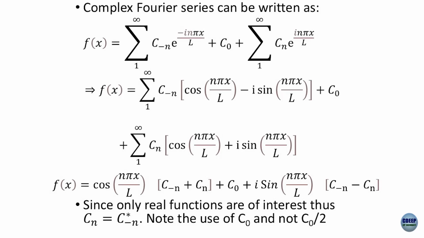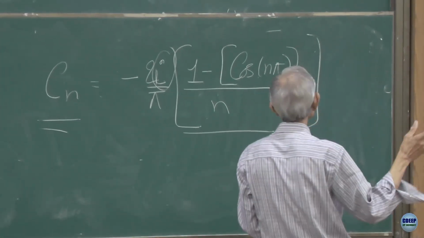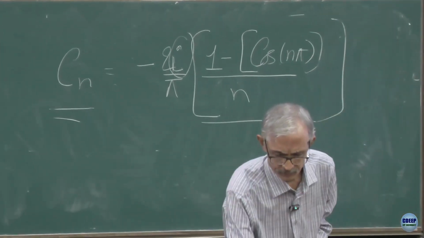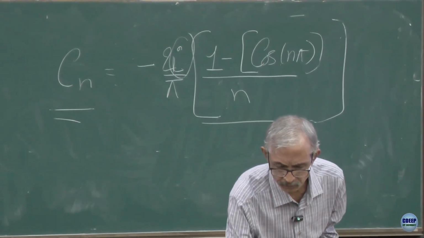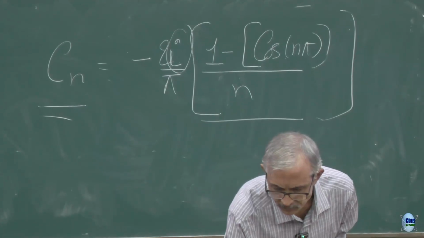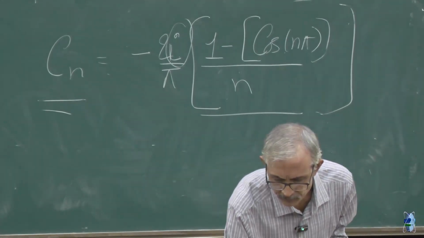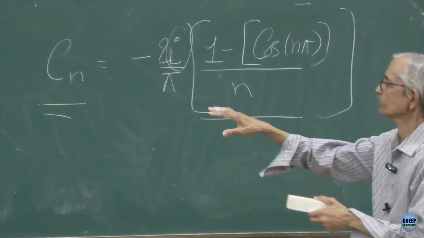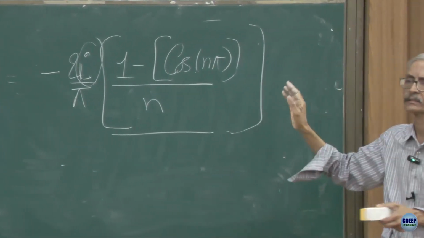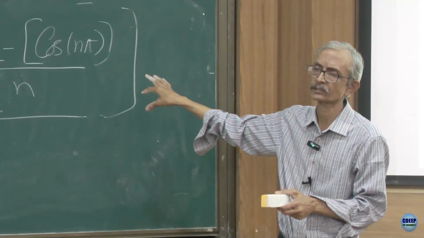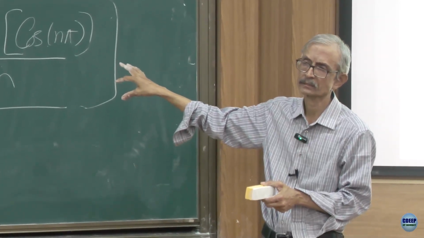So I had a 2 by n pi, 1 minus cos n pi, and then of course that sine n pi is the basis function that is multiplying it.